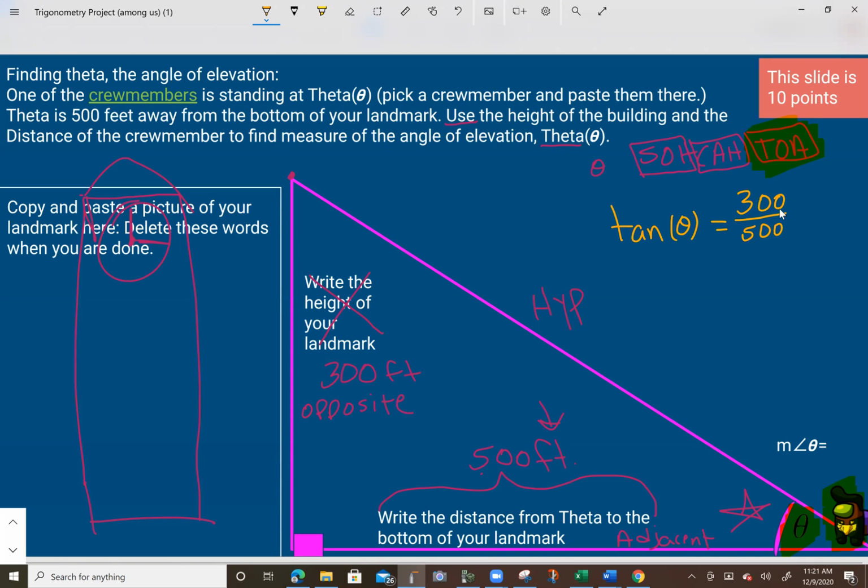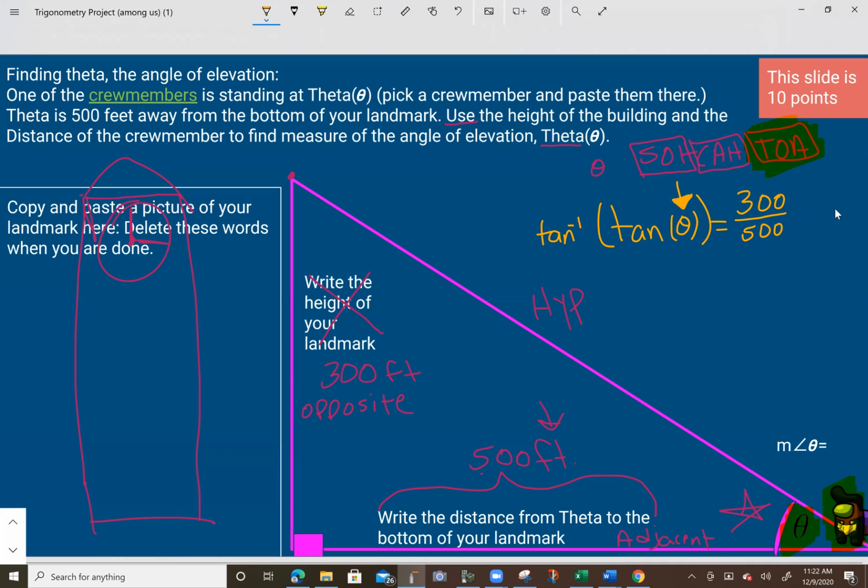That's basically 3/5, but I'll just leave it like that since I'm sure most of your work won't be as easy and nice as that. So if I need to find the angle, I need to get the angle by itself, which means I need to take the inverse tangent of both sides.